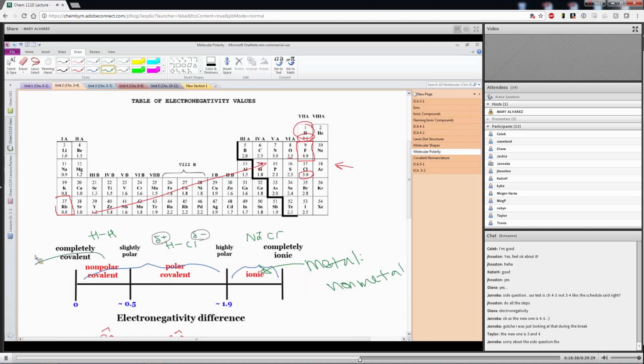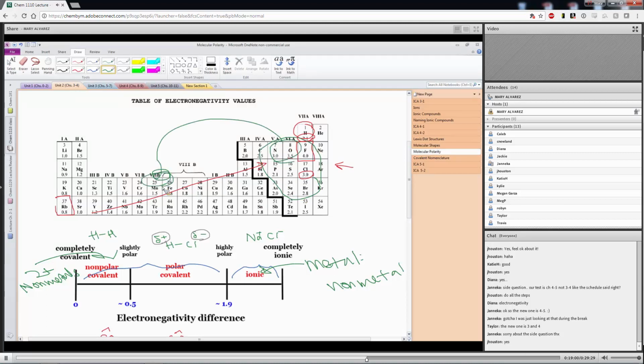And if I have 2 or more nonmetals, then it's going to be covalent. Is that fair? Pretty fair? When these guys bond together, they're going to share electrons. If one of these guys attaches to one of these guys, they're going to trade electrons. That's going to make it easy, okay?